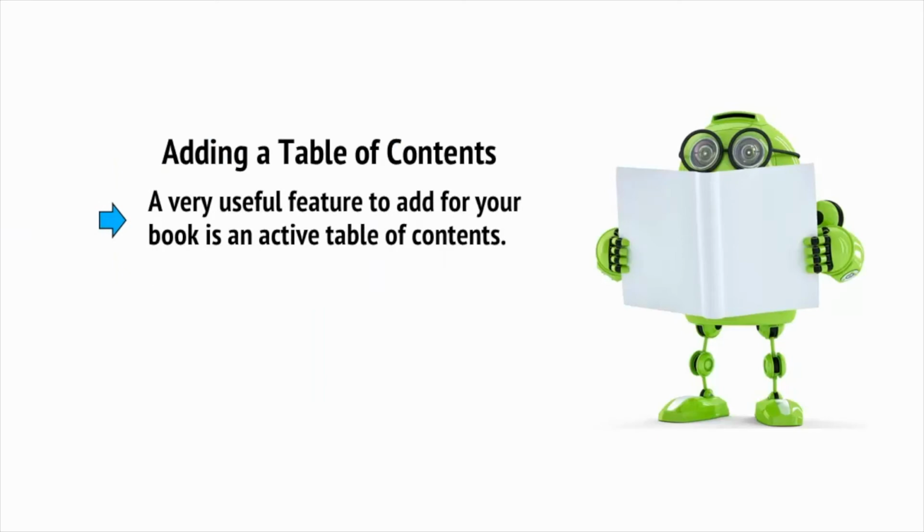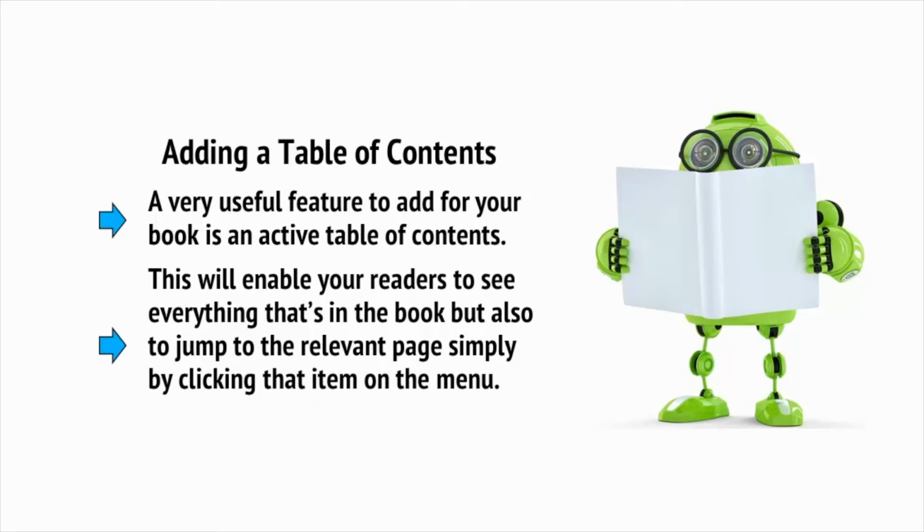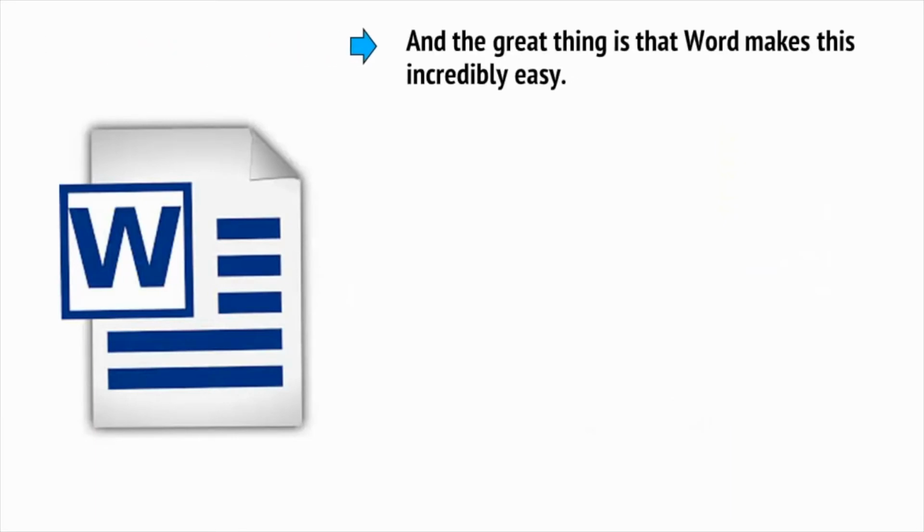A very useful feature to add to your book is an active table of contents, and this will enable your readers to see everything that's in the book, but it'll also enable them to jump to the relevant page simply by clicking that item on the menu. And the great thing is that Word makes this incredibly easy.